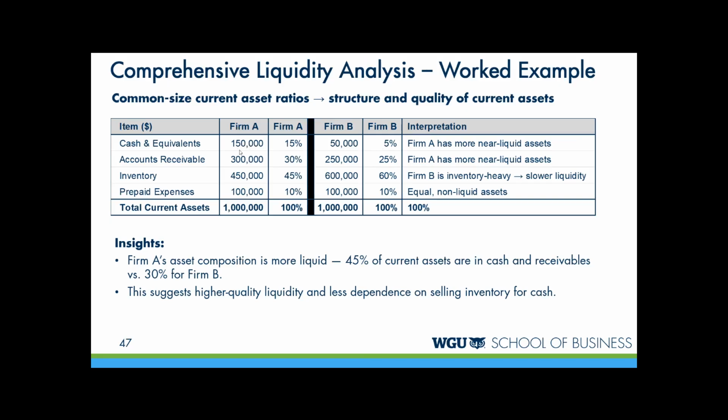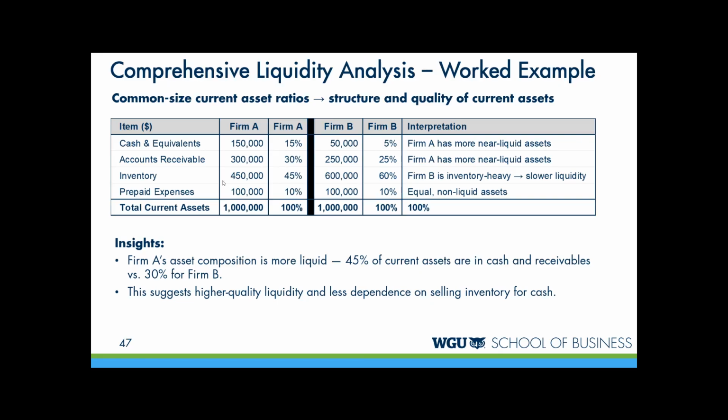However, firm A also has less inventory than firm B. This is another indicator that firm B has slower liquidity, because more of its current assets are tied up in inventory, which is not a liquid asset.